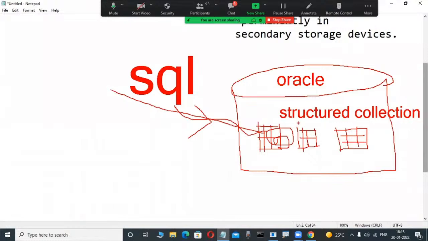But MongoDB, those types of databases are different. There is no SQL there. That is JavaScript, those types of languages. So those knowledges are required there, but SQL is one separate language through which we operate data in these types of databases.